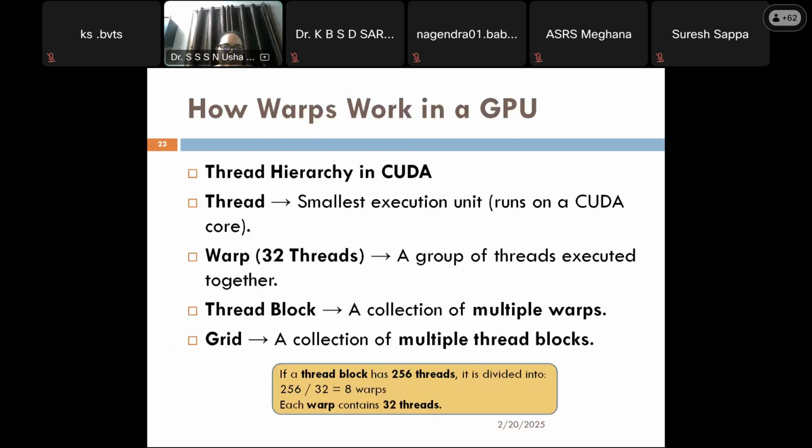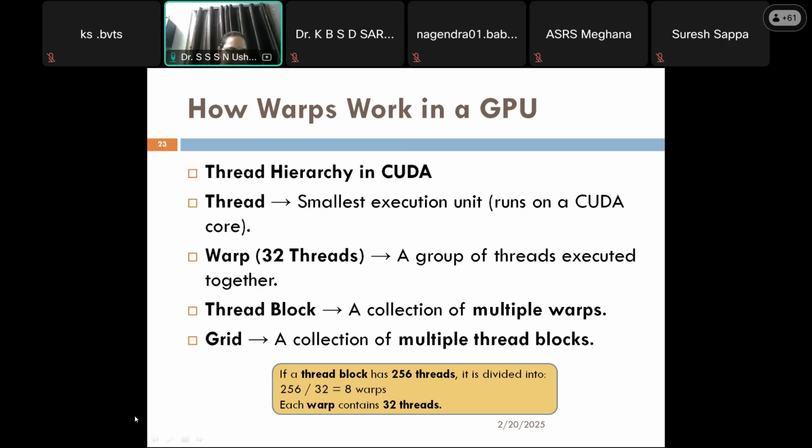Next, what is thread hierarchy in CUDA? The thread is the smallest execution unit. In general, a process is a program under execution, and a thread is the smallest execution unit. A warp takes 32 threads together, and a thread block is a collection of multiple warps.